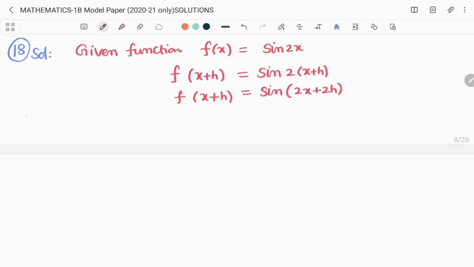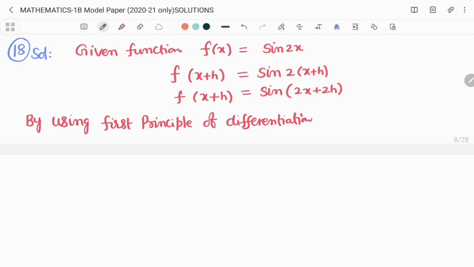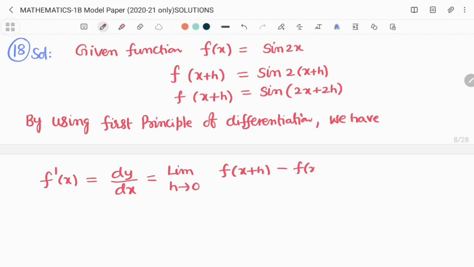After that, by using first principle of differentiation, we have f dash of x, which is equal to dy by dx, limit h tends to 0, f of x plus h minus f of x divided by h.